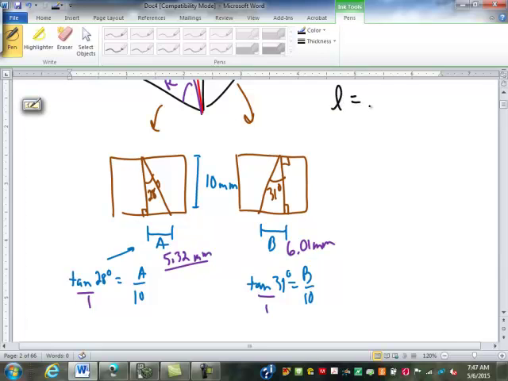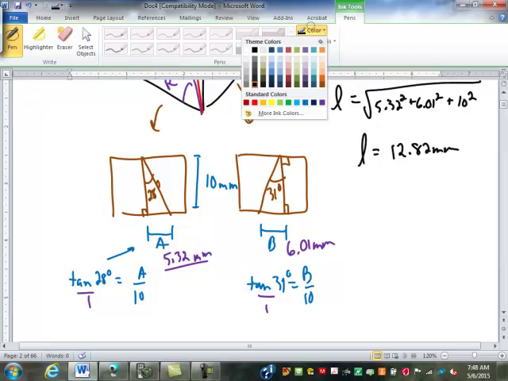It's not going to be part of our answer, but we do need a theoretical length. 5.32 squared plus 6.01 squared plus 10 squared gives us what for that working length? It's not really a length, it's just one we're using for our calculations. 12.82, you got it. So now how do we find R?